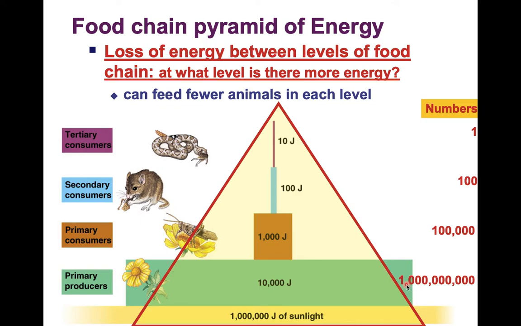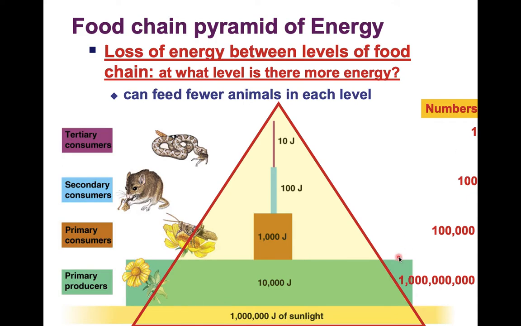Here you have about 1 billion primary producers. There are going to be fewer primary consumers, fewer secondary consumers, and fewer tertiary consumers. So there's also a pyramid of numbers, and as you move up the pyramid of numbers, the number gets smaller and smaller. Okay. Does that make sense?